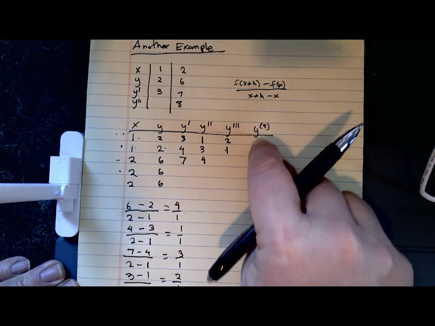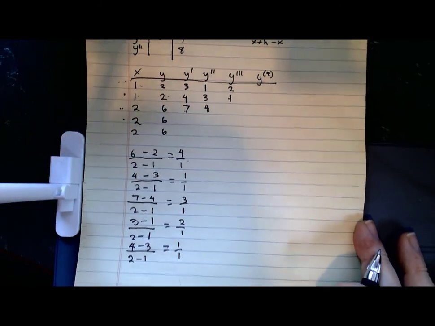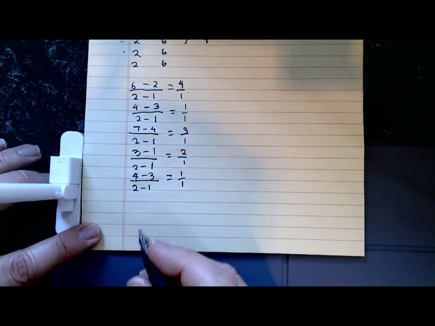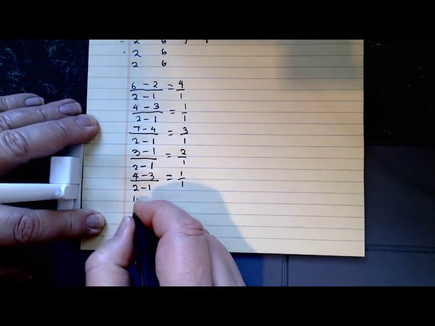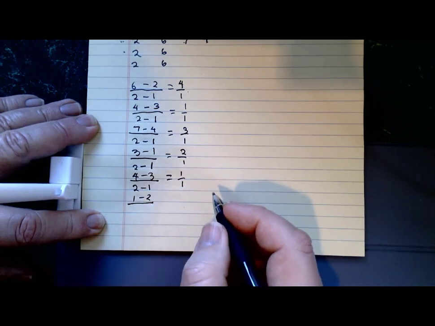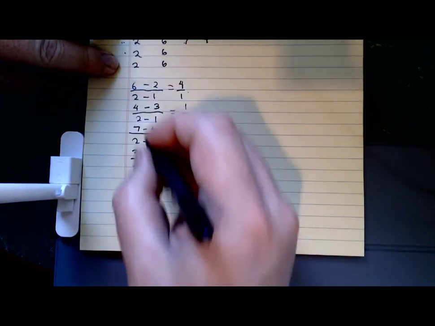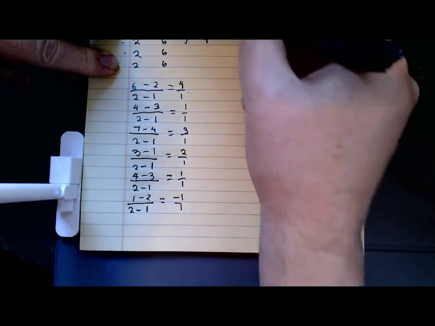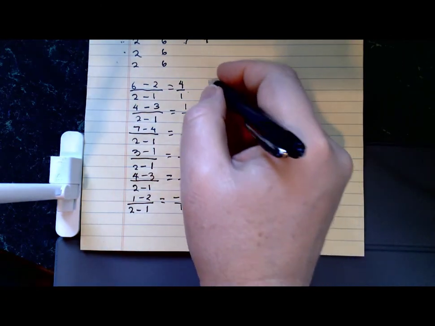And now I'm here, okay. Get myself a little more room to work with. Let's see, I'll do a 1 minus 2. And the denominator, well, again, a 1 in the bottom here, but this time I skip 3. So 2 minus 1, and so this is a negative 1 over 1, and so I have a negative 1 here.